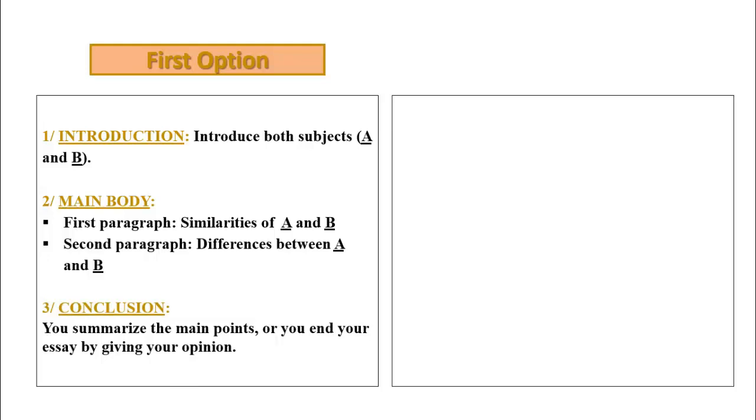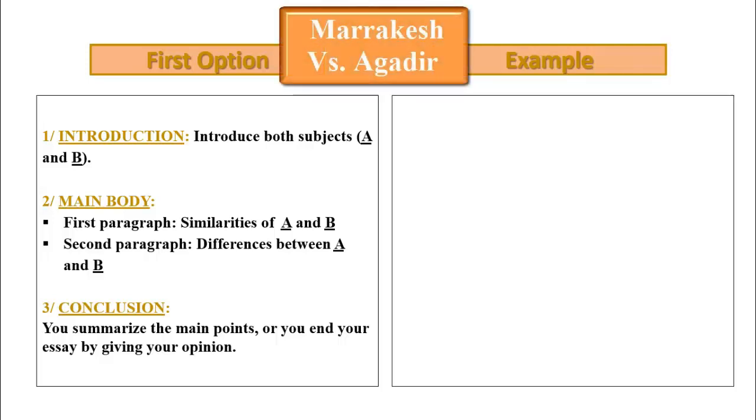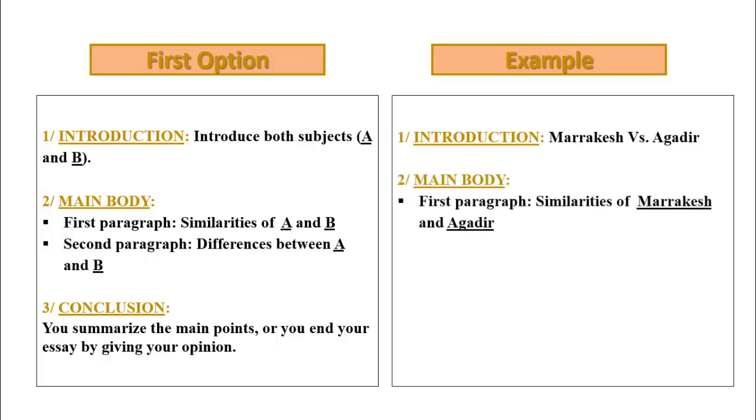In order to understand, I will show you an example. So imagine our essay is about Marrakesh and Agadir. So first you introduce your topic in introduction. You tell the reader that you are going to discuss the similarities and the differences between these two cities. In the body, in the first paragraph, you mention all the things in common between these two cities, I mean similarities.